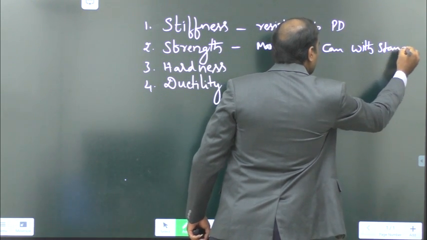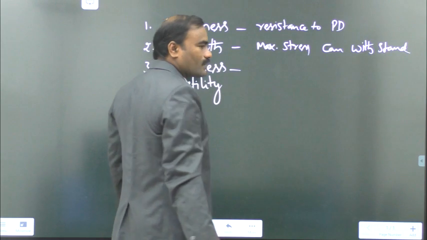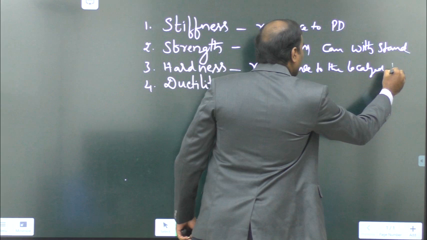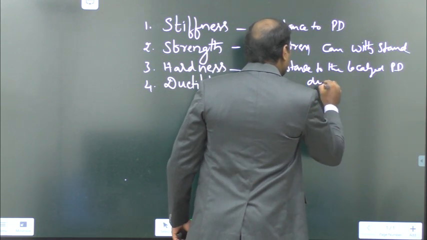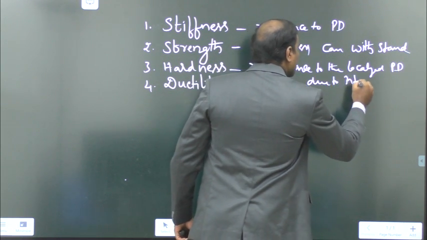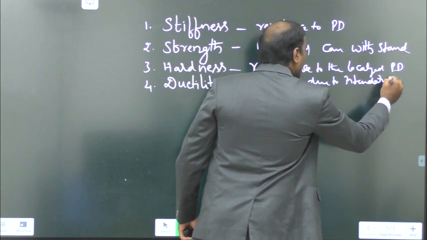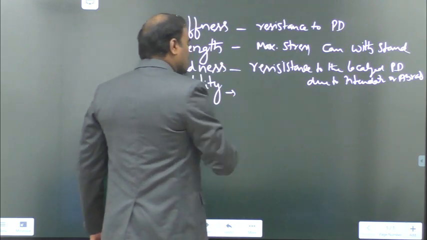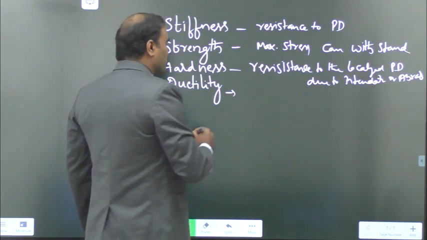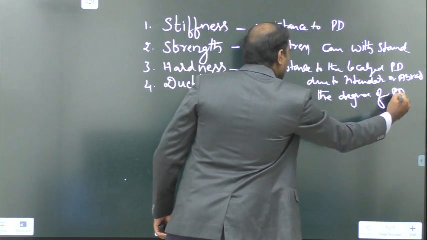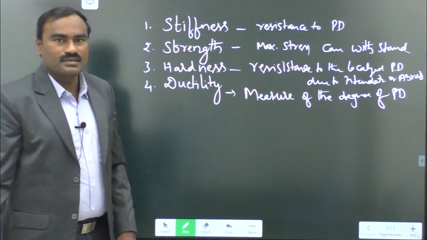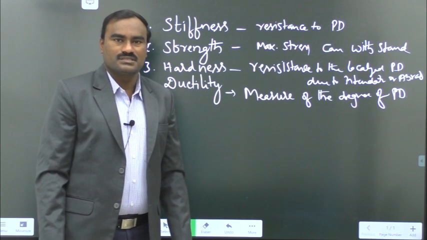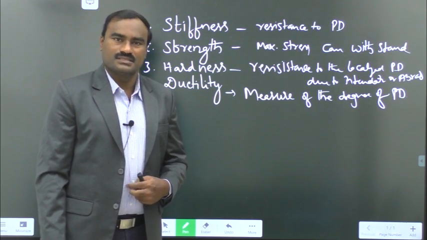Hardness is resistance to localized plastic deformation due to indentation or abrasion. Finally, ductility is the measure of the degree of plastic deformation. So these are the four important mechanical properties of solids which we have learned in the previous classes.